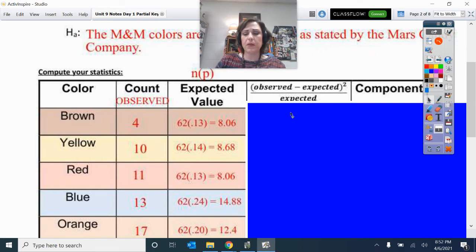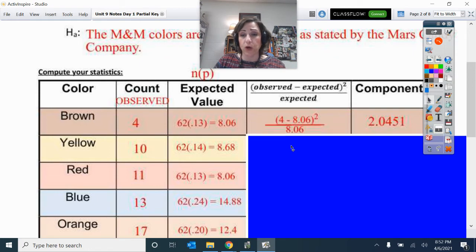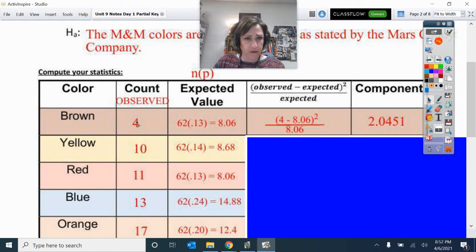Here's how that would look for one of my colors. My observed brown: I got 4 minus 8.06, quantity squared, and then divided by the 8.06. So that's 2.0451. I went ahead and kept quite a few decimals, only because I knew my calculator was going to give me quite a few, and I'm going to be doing this shortly in my calculator.